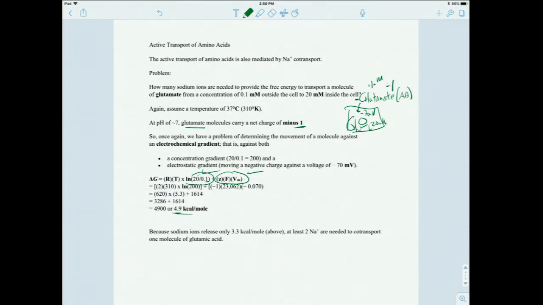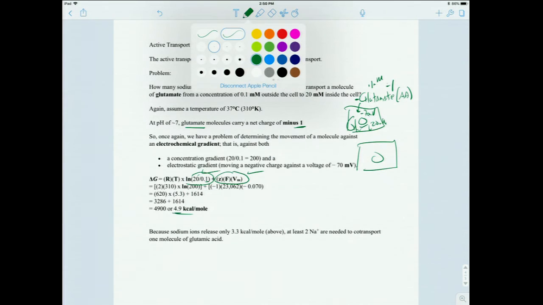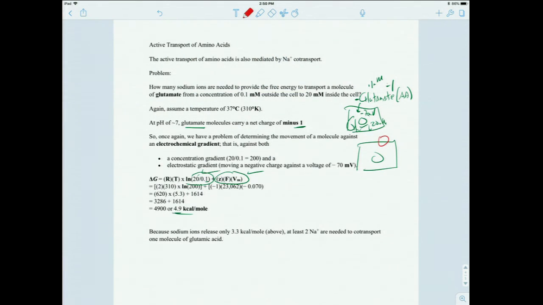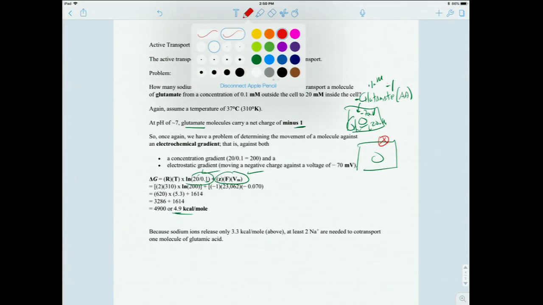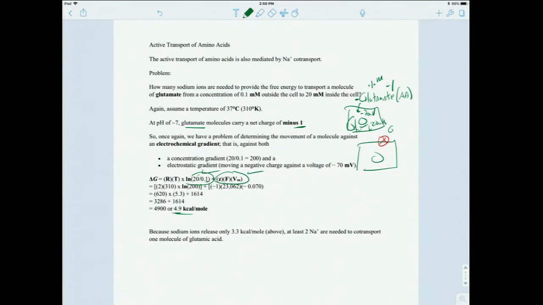And again, just like we discovered with the glucose, I am using a symport transporter. So let me go ahead and draw that again. So now I've got an amino acid that we have here. Okay, there's my amino acid there. And so I am having glutamate. Okay, it is going up its concentration gradient and again also against its electrogradient. But I'm also going to be having sodium out here that is going down its concentration gradient.